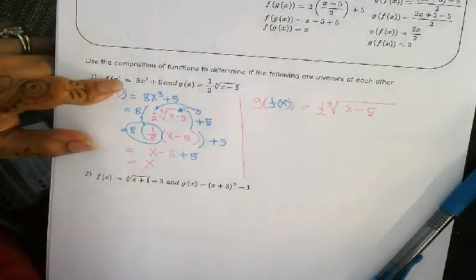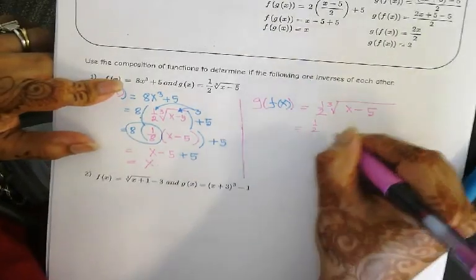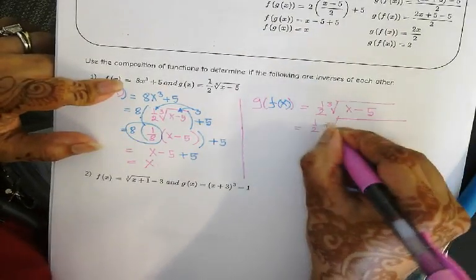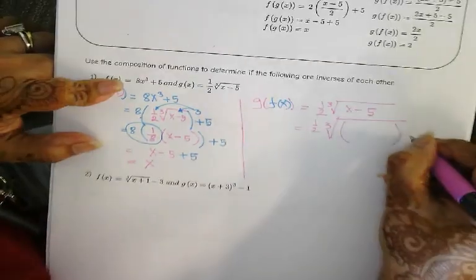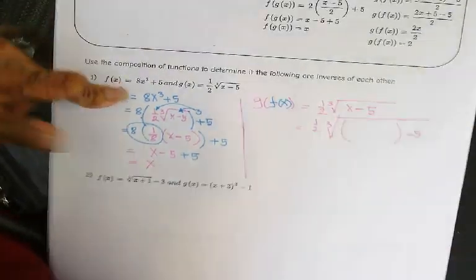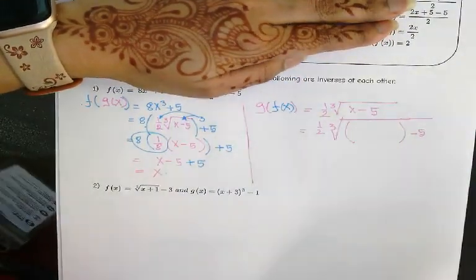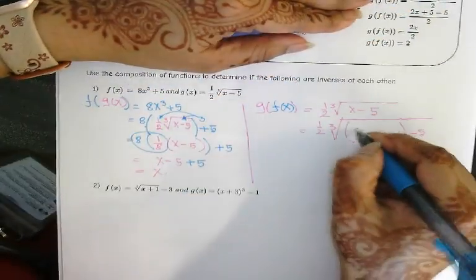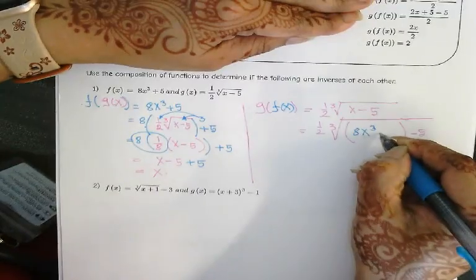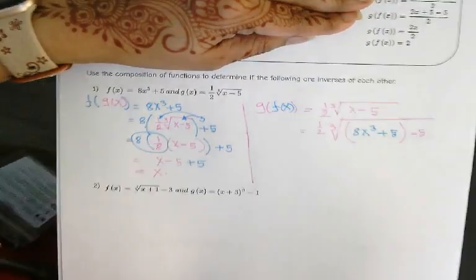So 1/2 cube root, in place of x, keep a parenthesis, minus 5. The 5 is under the radical. So now, over here, I'm going to plug in the original function, which is 8x cubed plus 5.